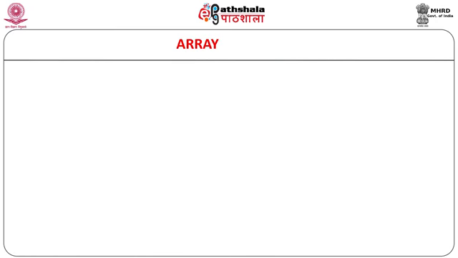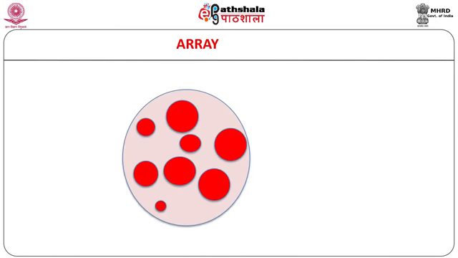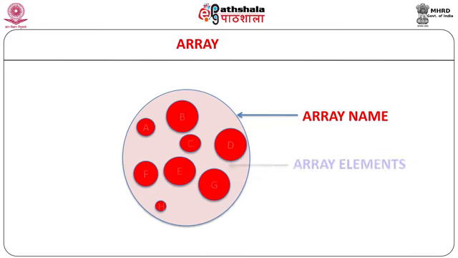Let us see array. This is the conceptual diagram of an array, which consists of similar kinds of data or similar kinds of objects. In this conceptual diagram, you can see different circles drawn of different area, and these circles are called array elements.